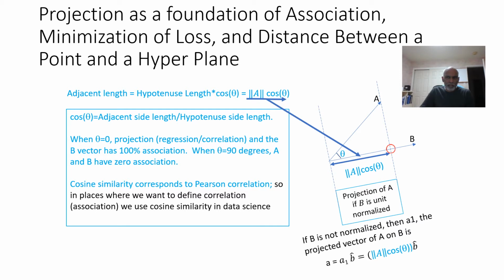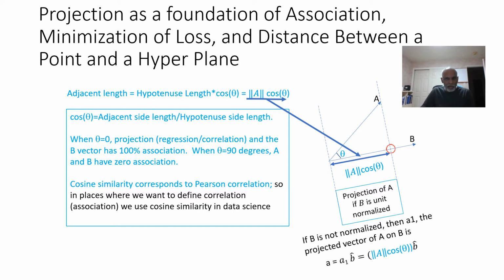This distance from here to here is considered the error sum of squares, and this distance from here to here is considered the regression sum of squares. By the Pythagorean theorem, this distance squared plus this distance squared is equal to this distance squared. So this is the total sum of squares, this is the regression sum of squares, and this is the error sum of squares also.